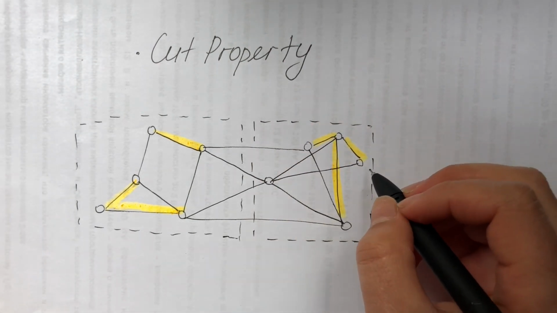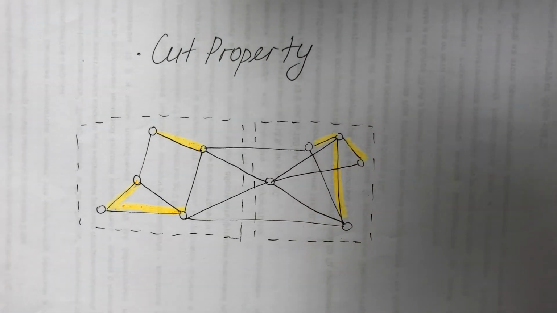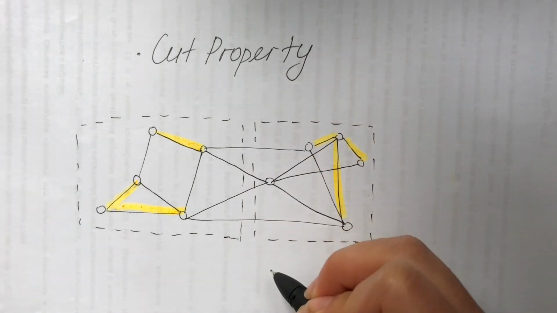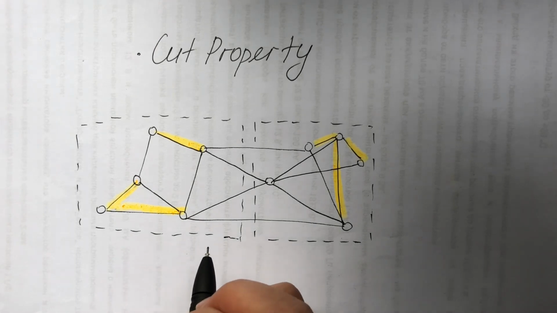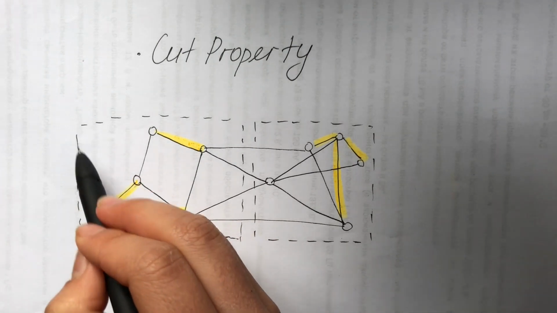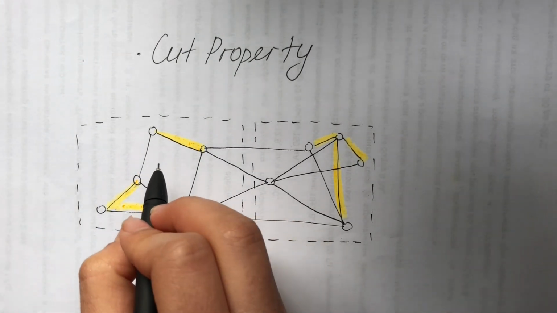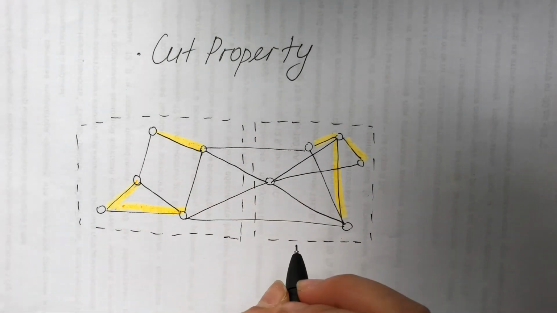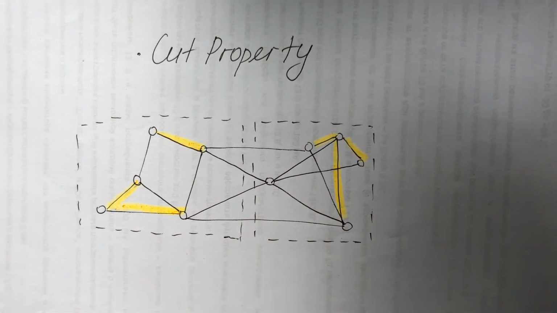For example, here all the vertices are connected to each other, so it forms a cut. Also here the vertices are connected, and they form another cut, and the vertices from this cut and that cut are not connected, so they are in different cuts.